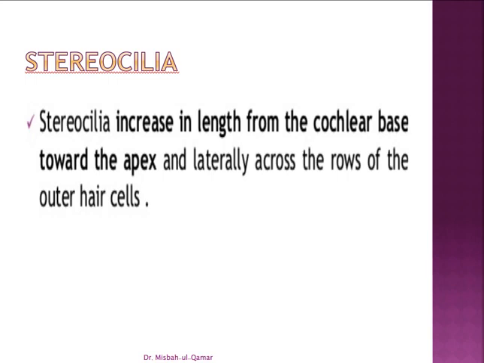Now, these stereocilia increase in length from the cochlear base toward the apex. The inner hair cell stereocilia are approximately twice as thick, and they are more club shaped than the outer hair cell stereocilia.